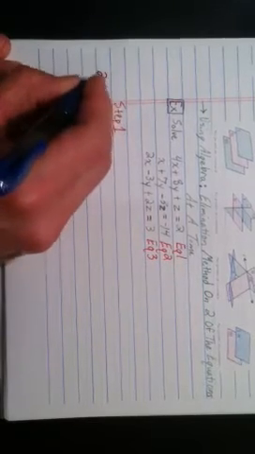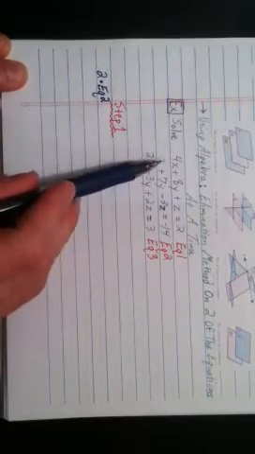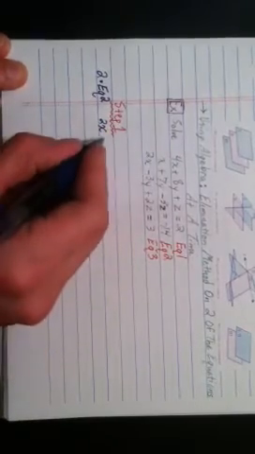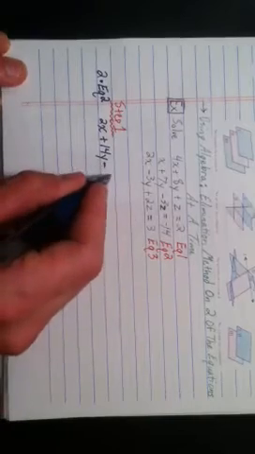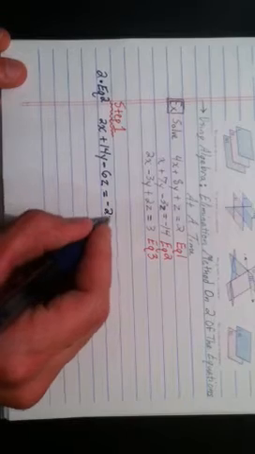So over here, we're going to take equation 2 and multiply everything in it by 2. 2 times the x gives us 2x. 2 times the 7y gives us 14y. 2 times the -3z gives us -6z. And 2 times -14 gives us -28.